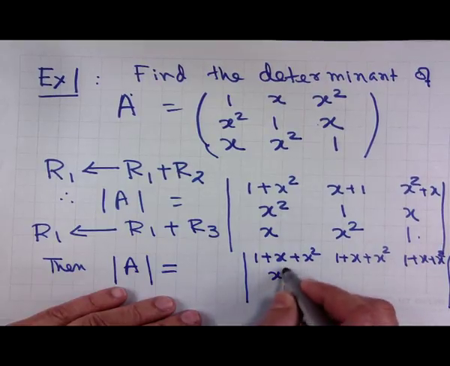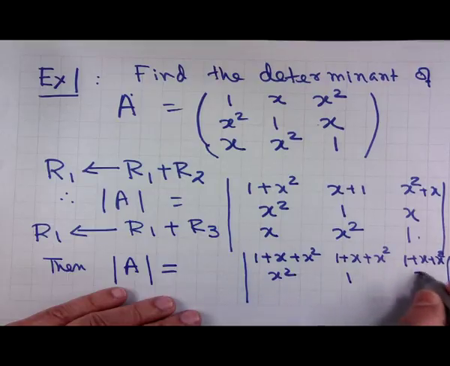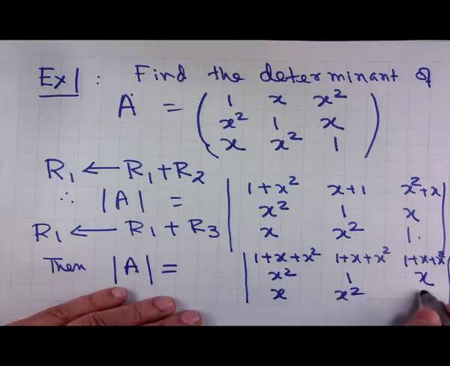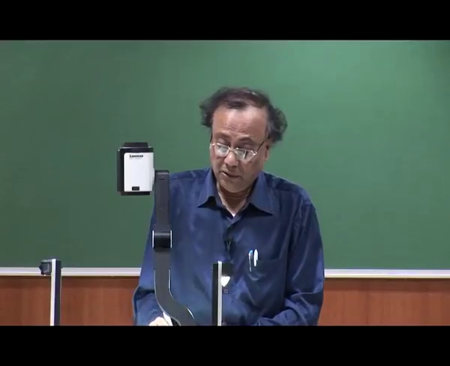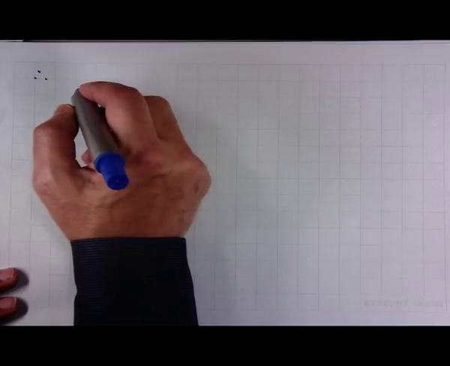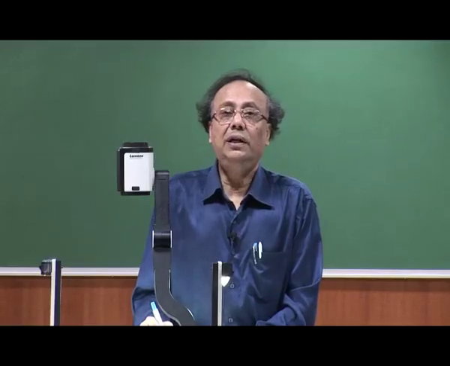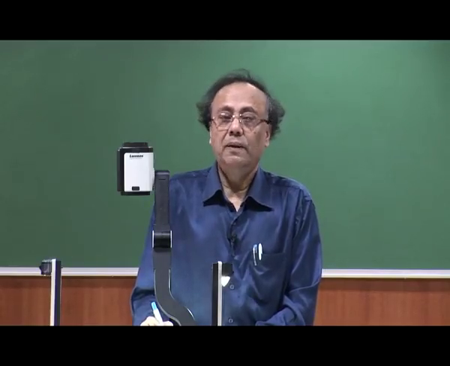Other rows remain the same. Now we find that all the elements of the first row are 1 plus x square.